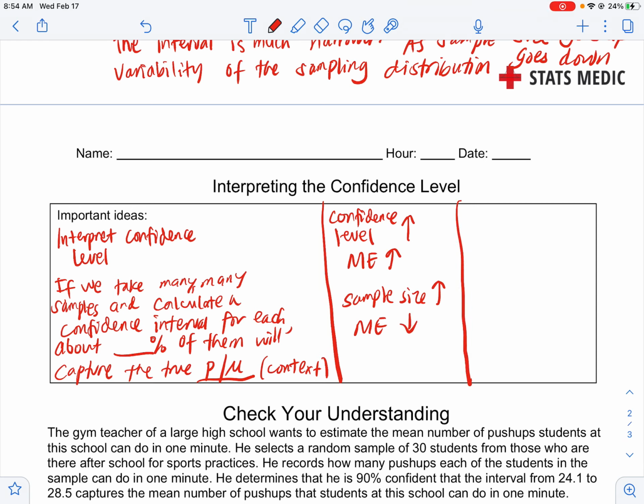Okay. So we have a margin of error. I don't know if you remember the sampling bias.